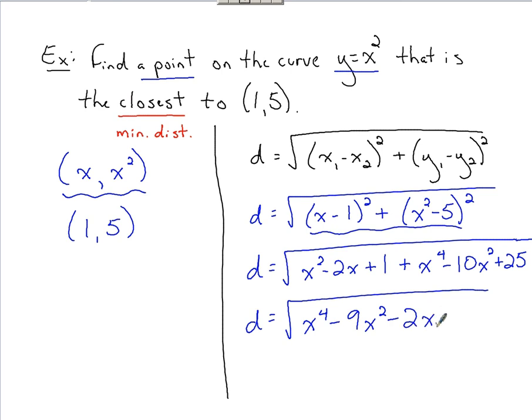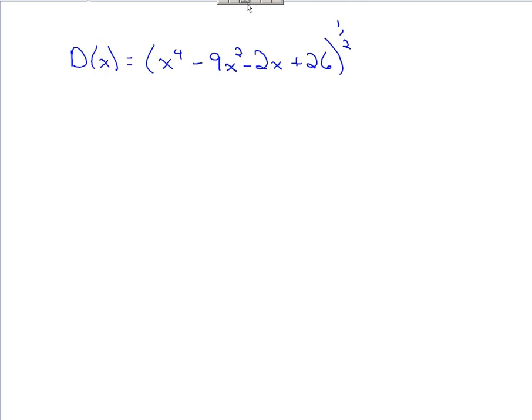And the constants, you got a 1 and a 25. So we've got our function to play with. We've made it all official now. We've got d of x representing the distance.